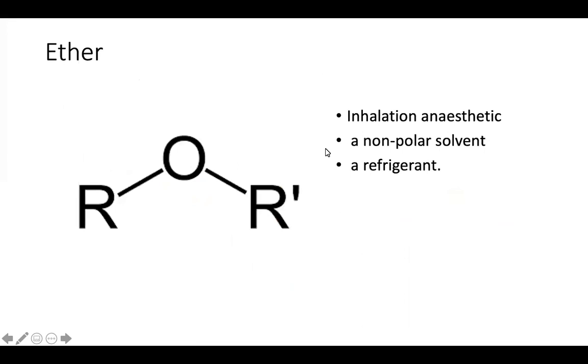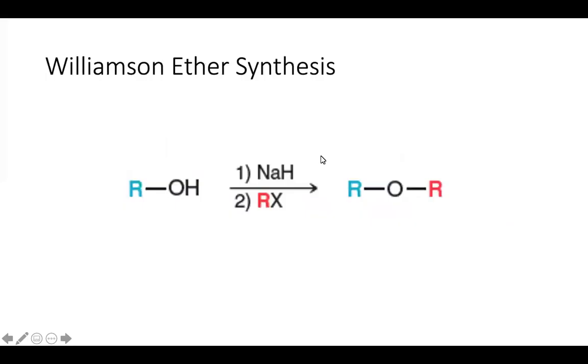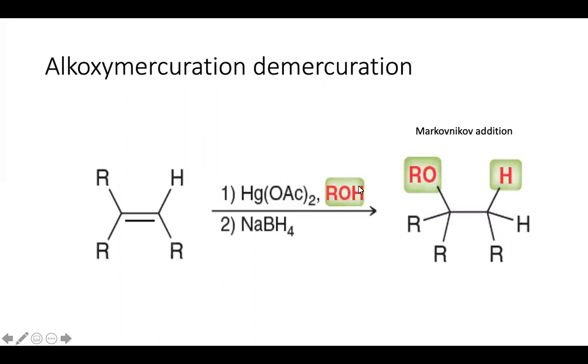And ether, how about ether? ROR. How do we prepare them? There are two ways. First, Williamson ether synthesis, in which we introduce sodium hydride and then alkyl halide to form this. Next is alkoxymercuration-demercuration. So what's so special about this alkoxymercuration-demercuration?